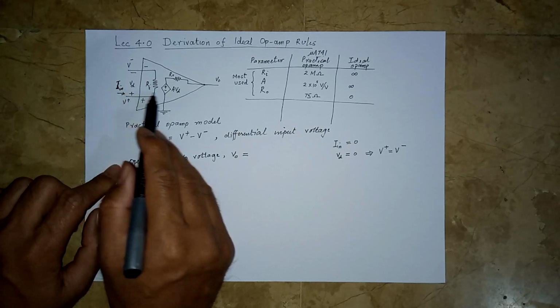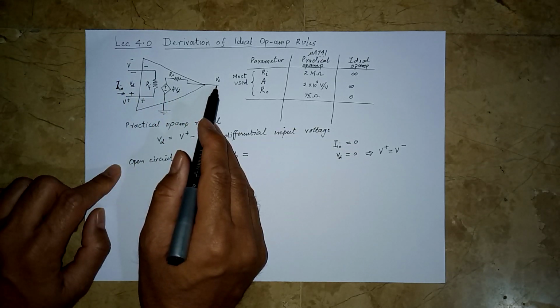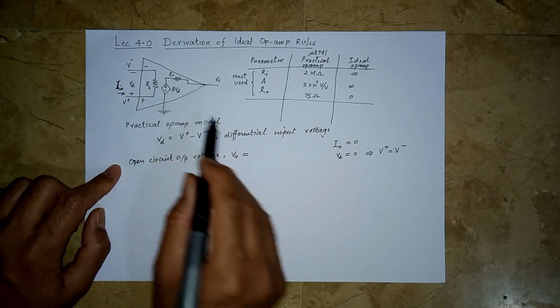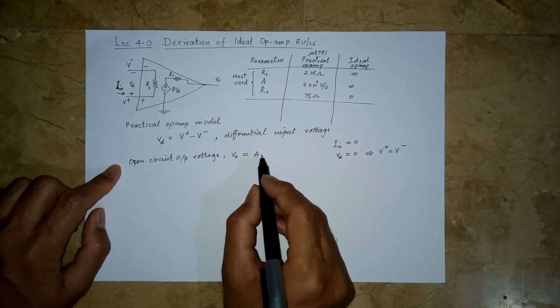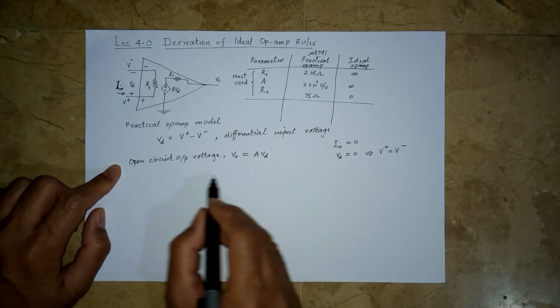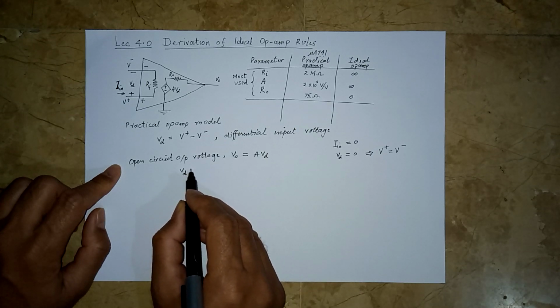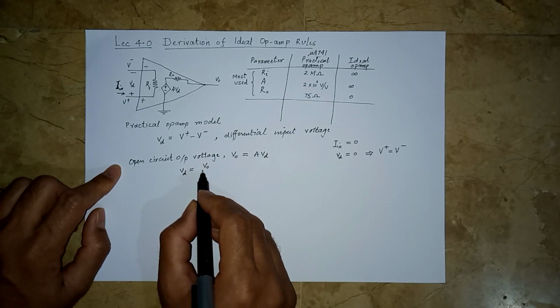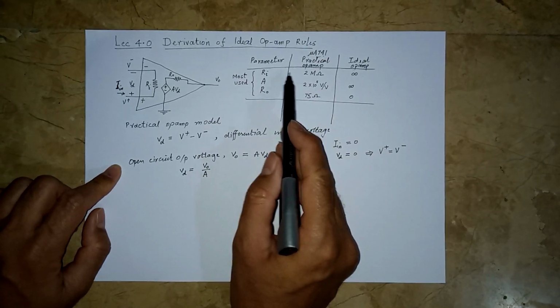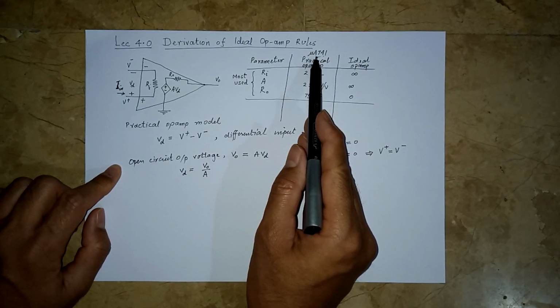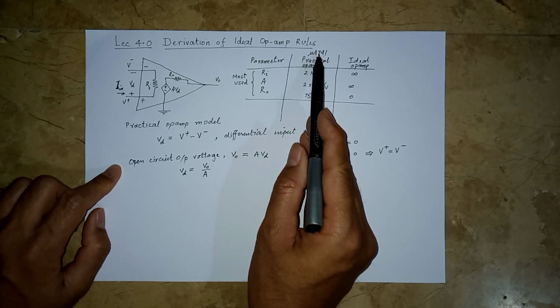So whatever is VD will get to the output, and nothing is connected here as well. So VO would be equal to A VD, or VD would be equal to VO over A.